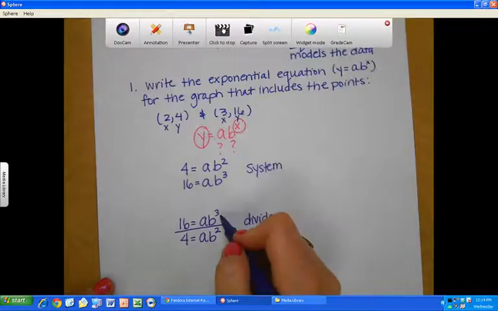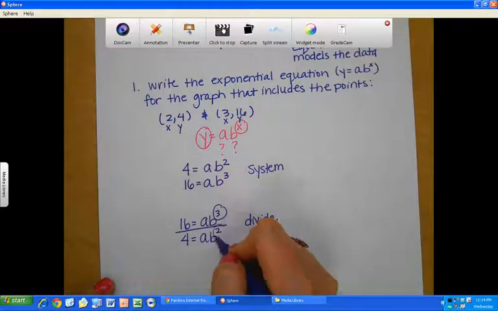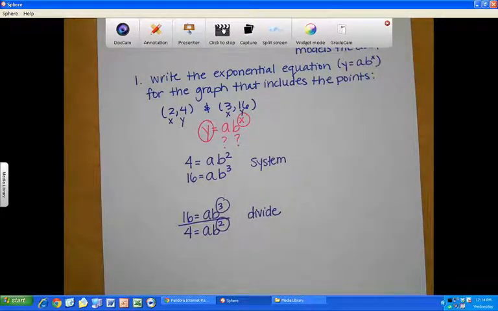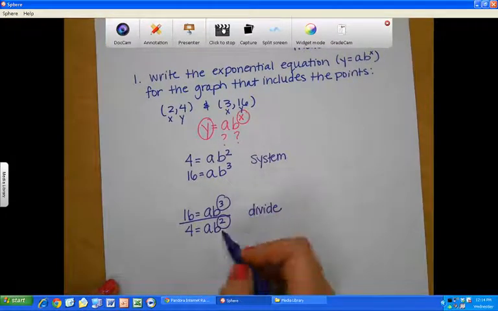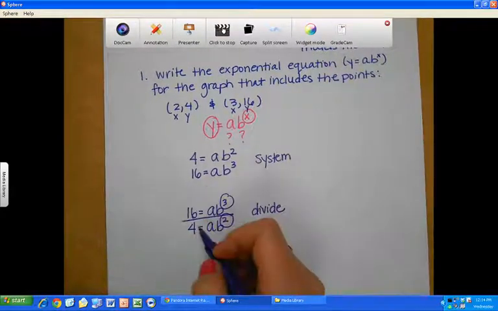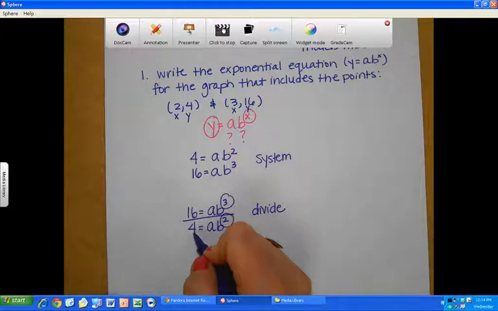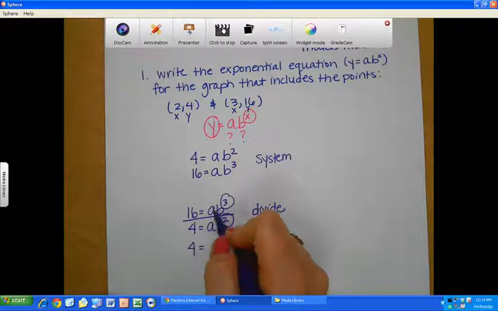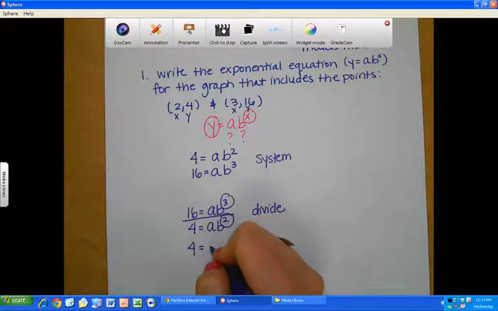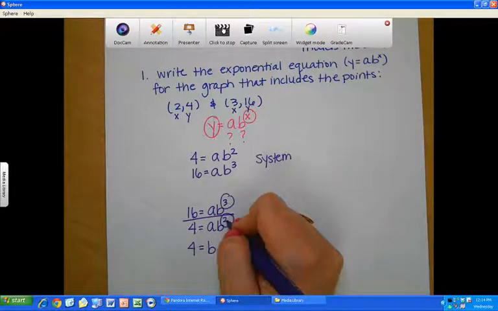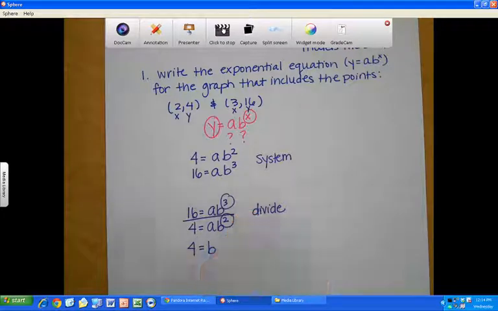I know with exponents, when I divide them, I'm really subtracting them, right? When you divide powers, you subtract the exponents. So 16 divided by 4 is 4. A divided by a is 1. And then 3 minus 2 is 1. So now you already know one of the variables.